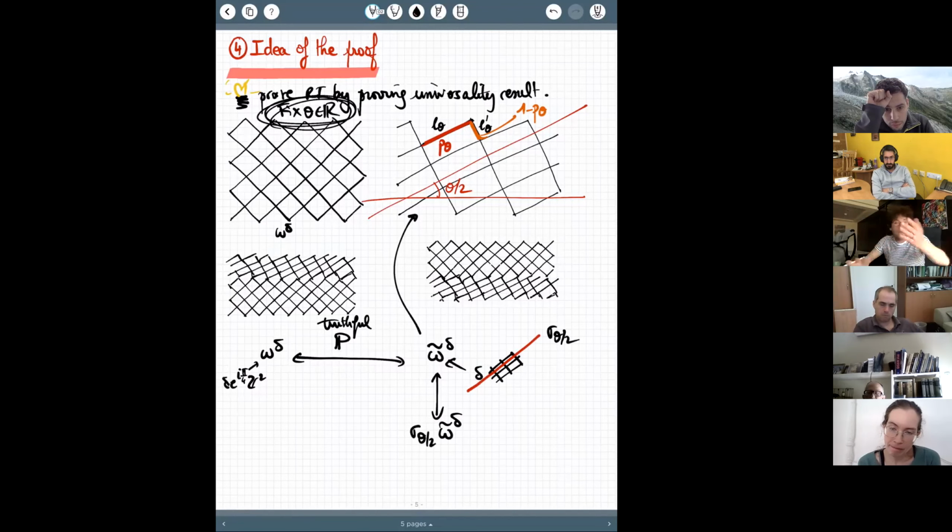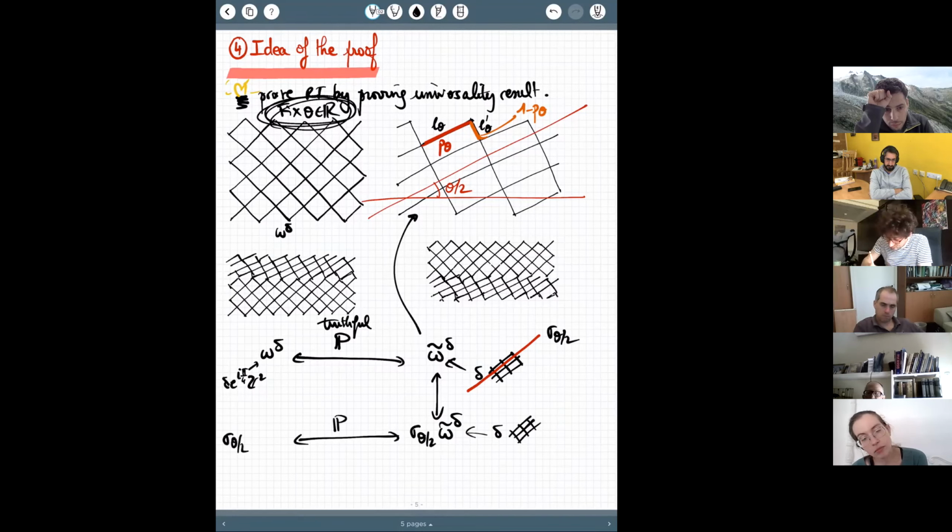And there it's a trivial coupling. It's just using the symmetry of the model. But then this model is still a model on delta times my lattice like that. So I can reapply my truthful coupling P to end up with something that is going to have the distribution of the symmetry by an angle theta over 2 of omega delta.